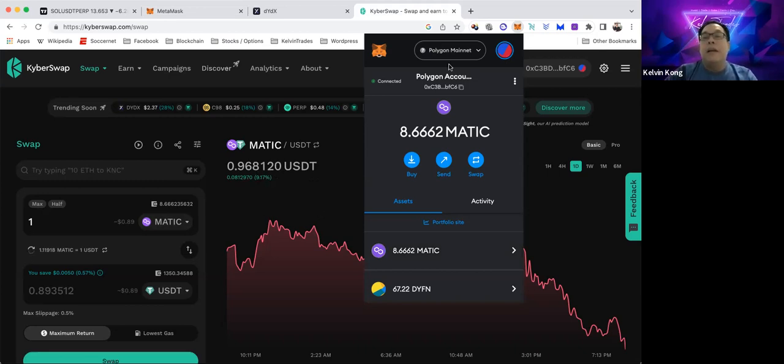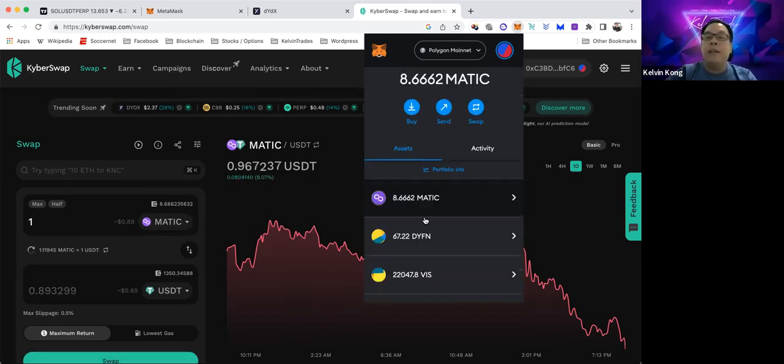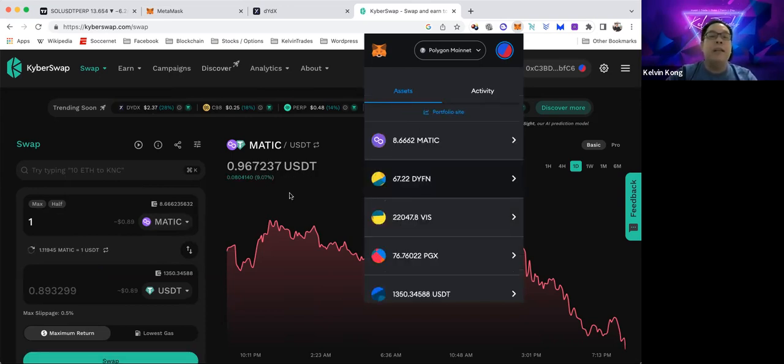So what I did is I just connected my Matic in the Polygon blockchain to Kyber Swap to sell here if I want to. They have pairs also, Matic to USDT, etc. So as long as I have coins over here, let's say DeFi. I don't know whether they have DeFi or not.